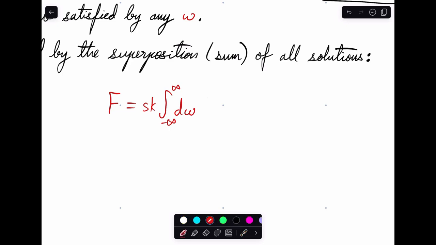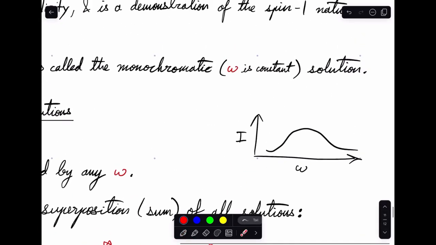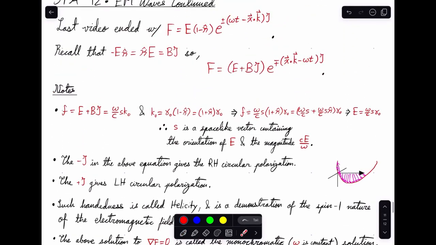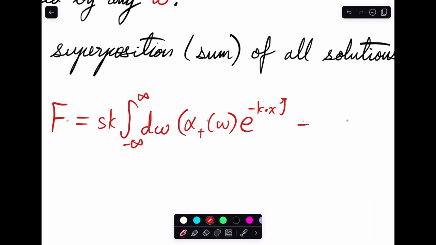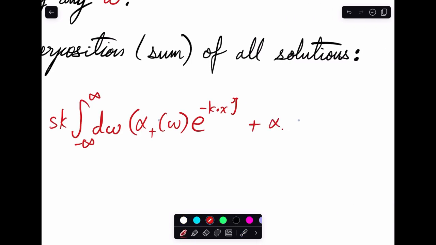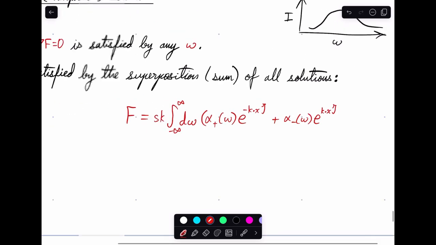So you just end up with d omega and then alpha plus omega e to the minus k dot x I, where this k dot x comes from the relativistic form, plus alpha minus of omega e to the k dot x I.